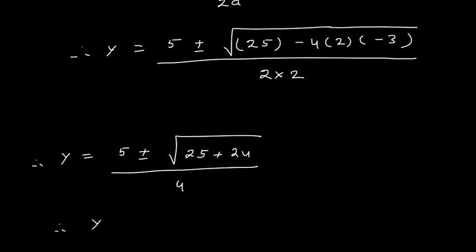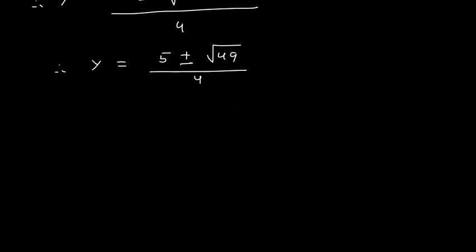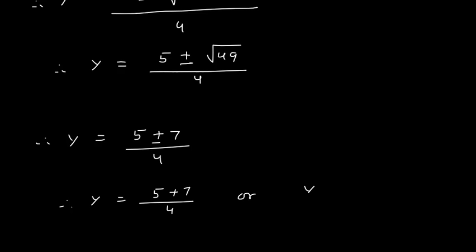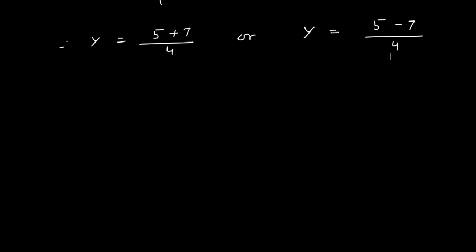So therefore it gives us y is equal to 5 plus minus root 49, and this whole divided by 4. Okay. So finally we have y is equal to 5 plus minus 7 divided by 4. So I will say that y is equal to 5 plus 7 divided by 4, or y is equal to 5 minus 7 divided by 4.